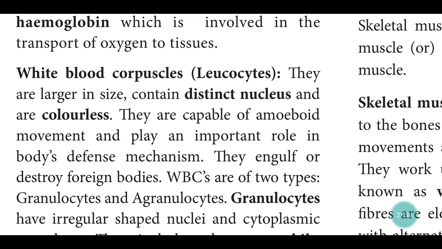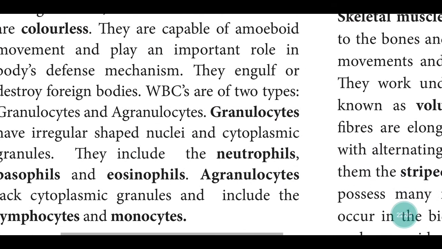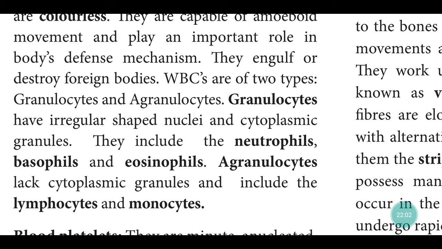White blood cells are of two types, granulocytes and agranulocytes. Granulocytes have irregular shaped nuclei and cytoplasmic granules. In the cytoplasm there are some granules, some dot-like structures. They include the neutrophils, basophils and eosinophils. Agranulocytes: absence of granules.